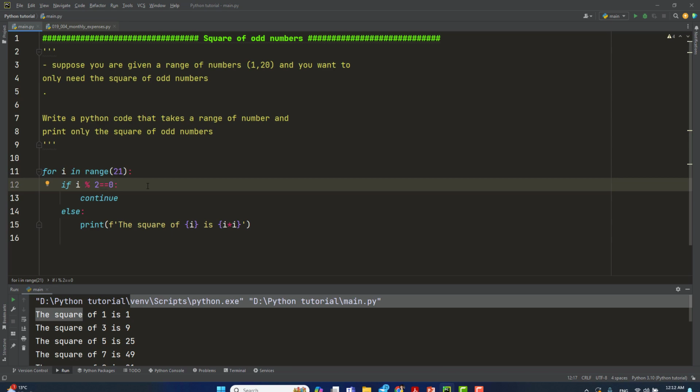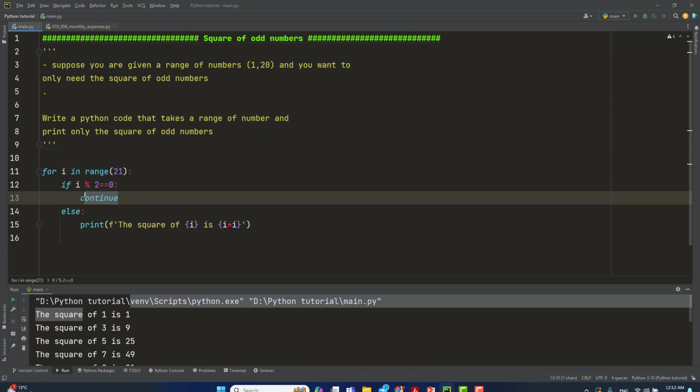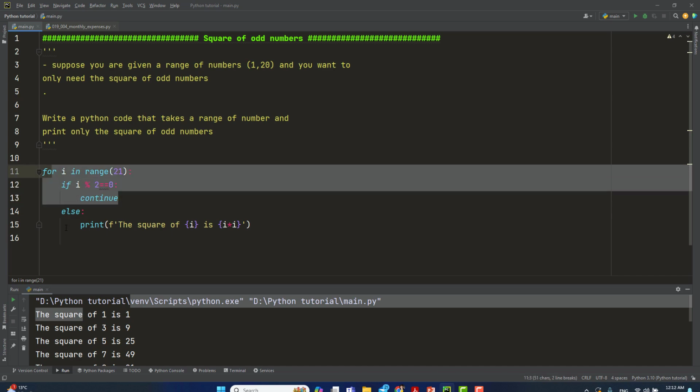So we don't need this group, because I need only the odd numbers. In Python, I can say I do not need this number just by using the continue keyword, because I need the other.